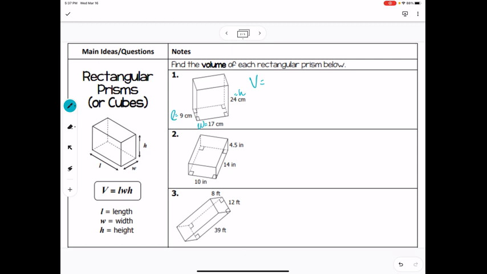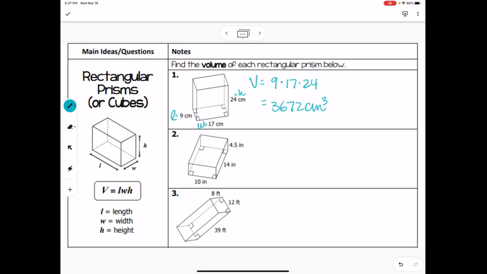So I'm going to take 9 times 17 times 24, and I get 3,672. Now we are in centimeters cubed, which is our third dimension unit, so everything is going to be cubed.